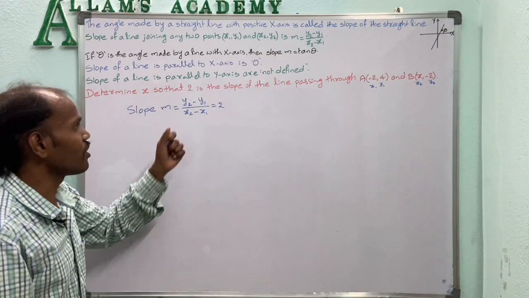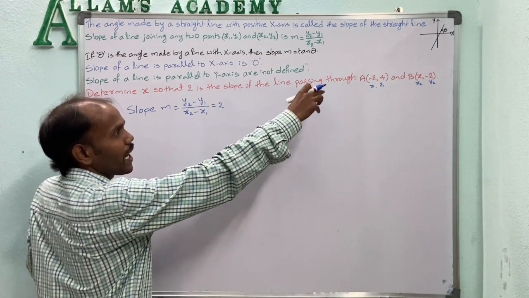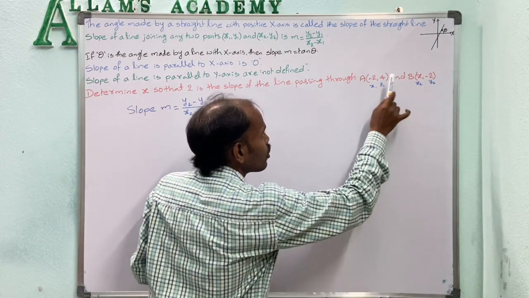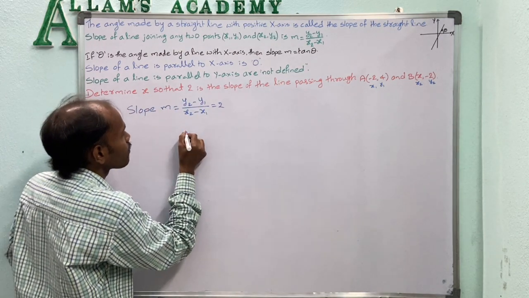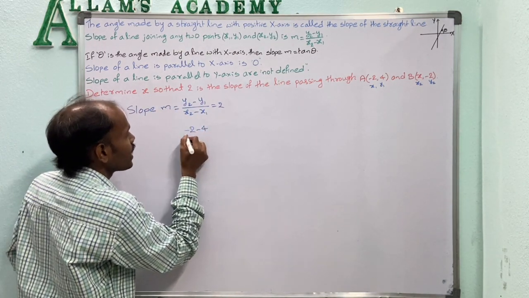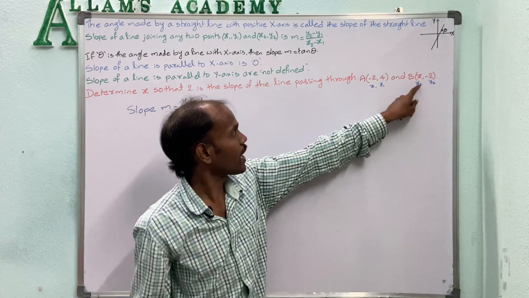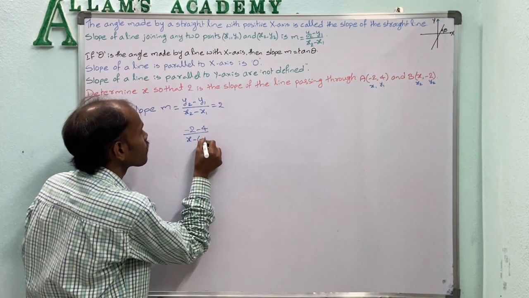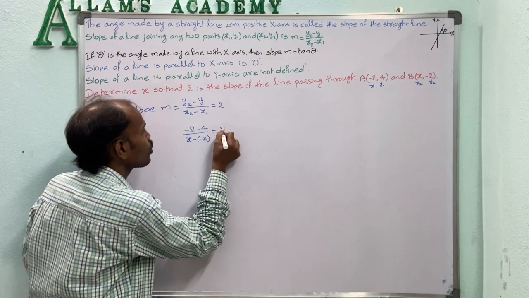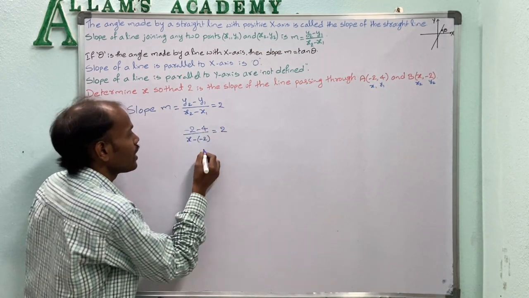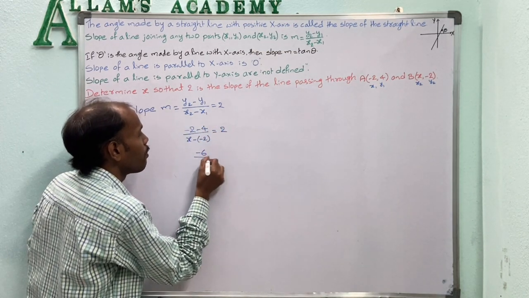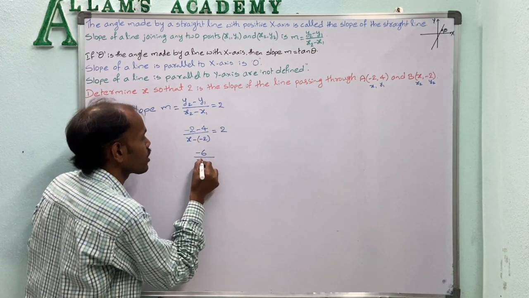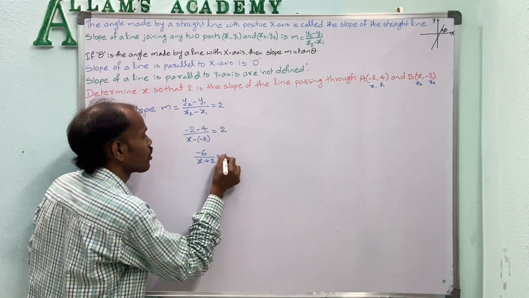Now substituting these values, y2 minus y1, that is minus 2 minus 4, by x2 minus x1, x minus of minus 2, is equal to 2. Minus 2 minus 4 is minus 6, by minus of minus 2 is plus 2, so minus 6 by x plus 2 equals 2.